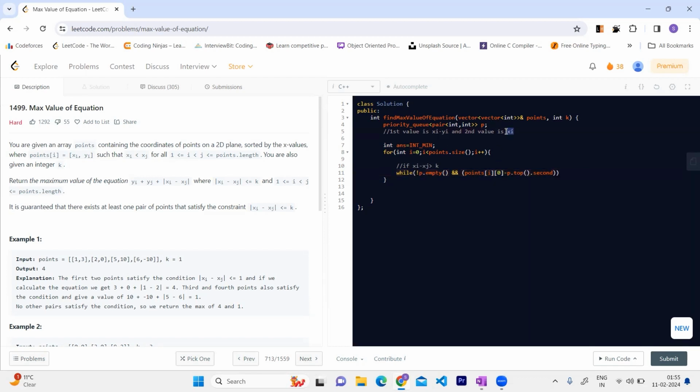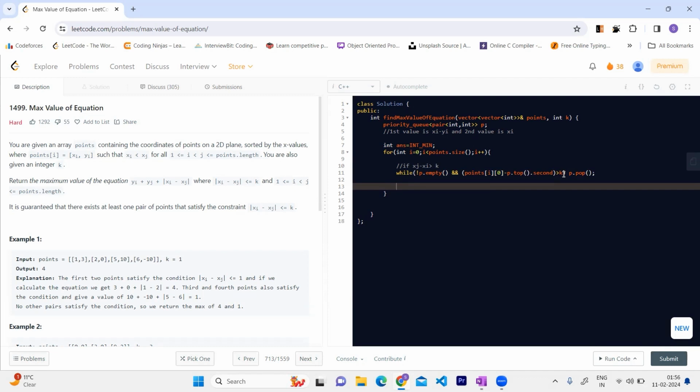As you can see, while maintaining our priority queue, second value is xi, right? So we just need to check if over there we have j, and over there we have i, like xj minus xi. Xi is p dot top dot second, and xj is points i and 0, right? So now if this is greater than k, then we just need to pop from the priority queue, right? Because this answer will no longer contribute to the question itself, right?